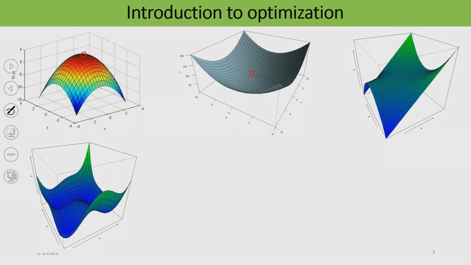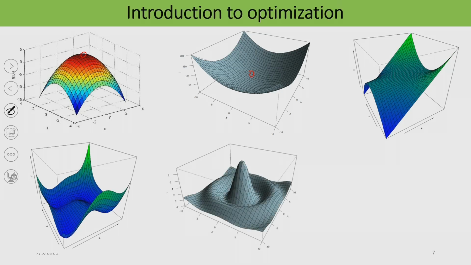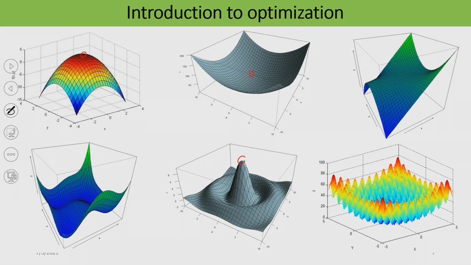Similarly, this is a function with 4 optimal solutions, and this one has several alternate optimal solutions and a global optimal solution. Here you have several optimal solutions and one of them is the best solution. Therefore, solving this type of function is not that easy, and you need some specialized algorithm for finding its optimal solution.